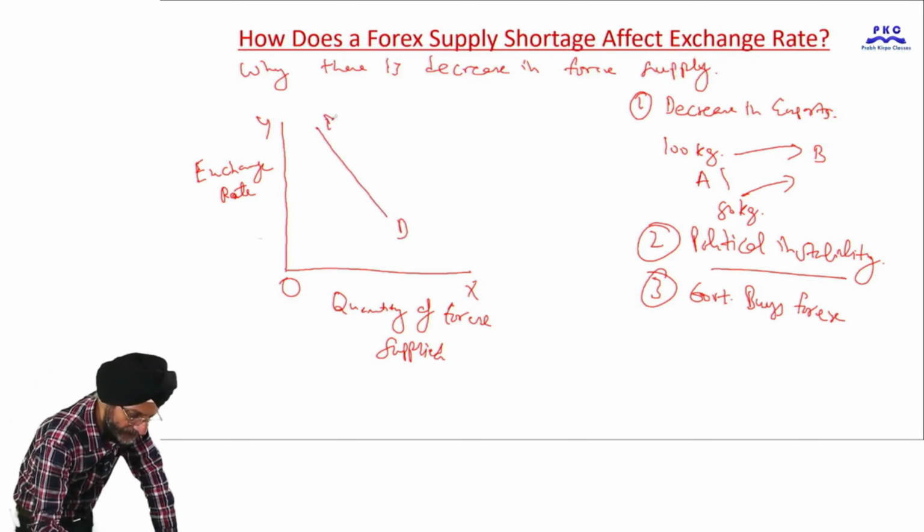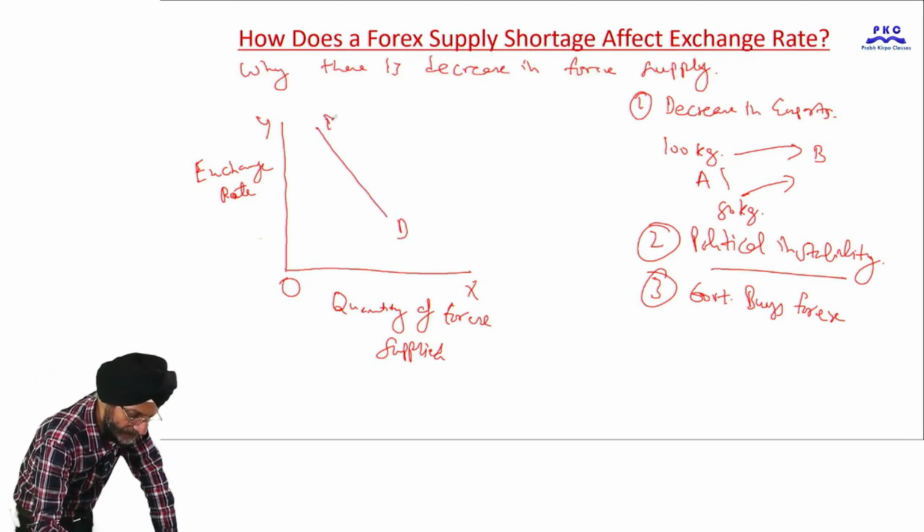Earlier say the exchange rate was 83. We are taking the example of $1 equal to 83 INR. It means that to get $1, the people living in India will have to pay 83 Indian rupees. But when the supply of US dollars has decreased, exchange rate has increased.